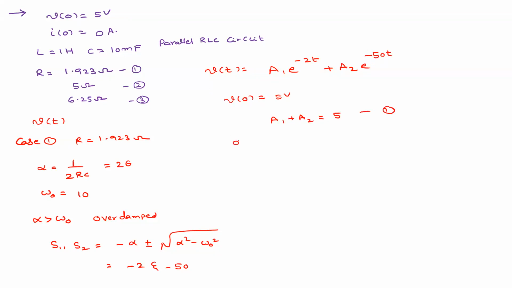What is the next one? dV of 0 by dt. What is dV of 0 by dt? It is minus of V naught plus R into I naught, divided by RC. RC or R? RC only.